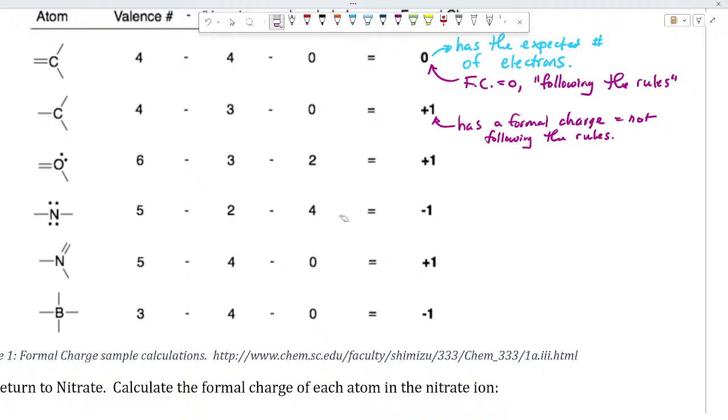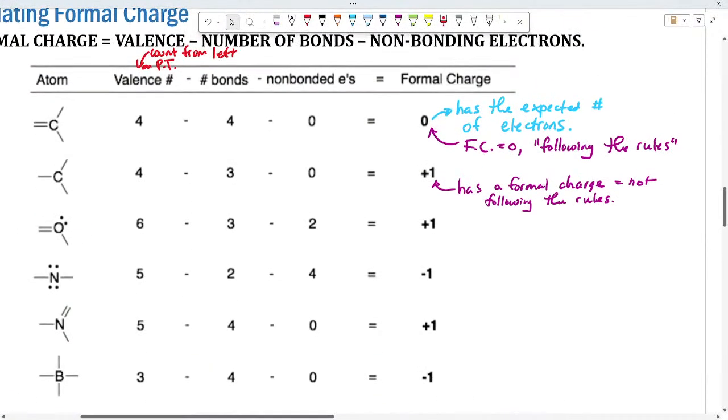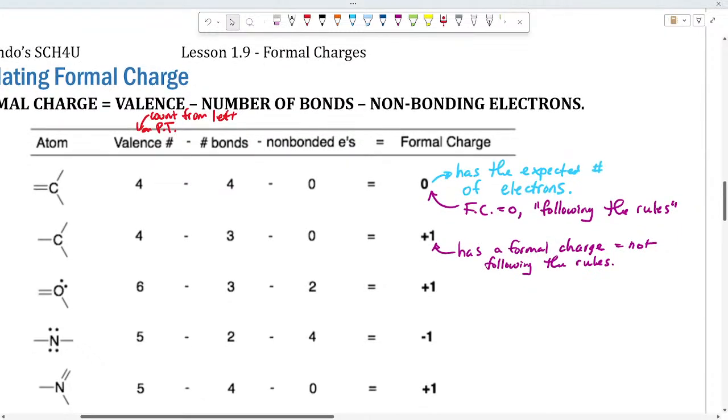Does that kind of feel okay? I don't care which method you use. I actually prefer to just count it looking at the structure myself. But if you're the type of person who likes a rule to follow, this is a very easy rule to follow. Valence number minus how many bonds minus how many free electrons, that's the formal charge. Questions about that? Okay, can I move on? We're good? We're comfy with that.